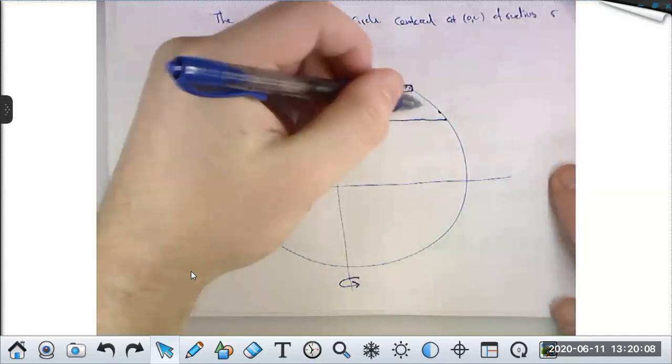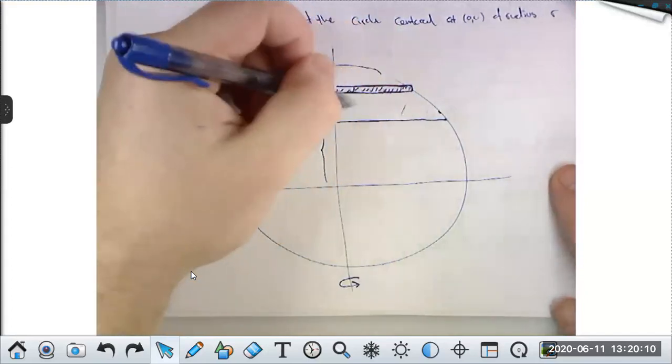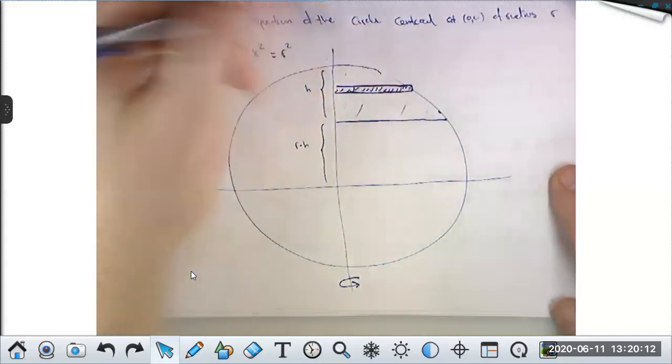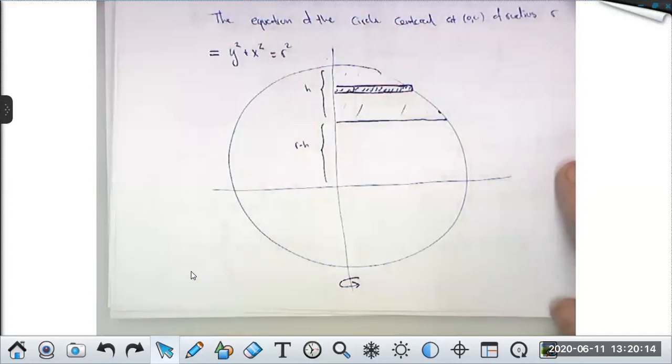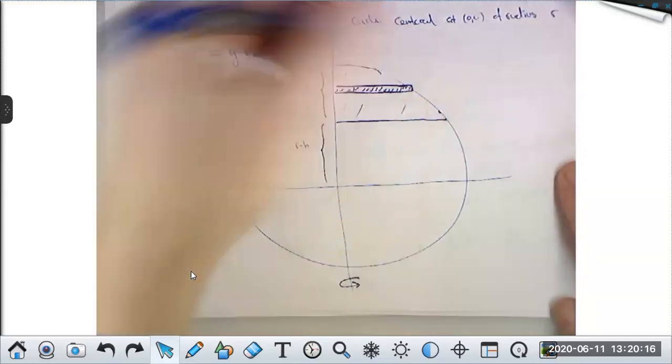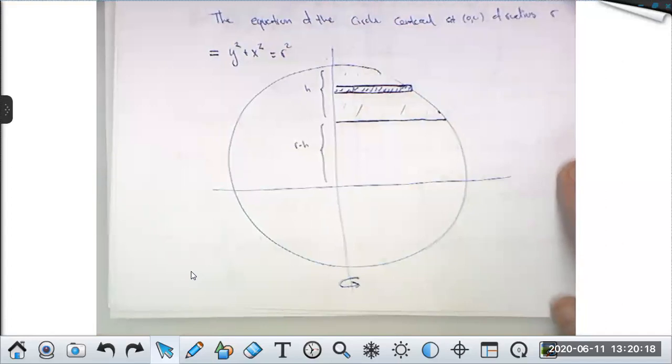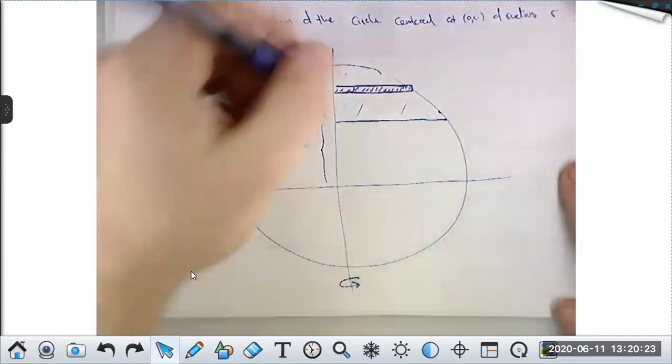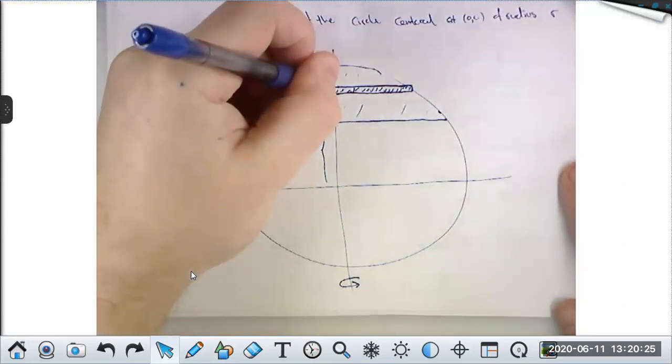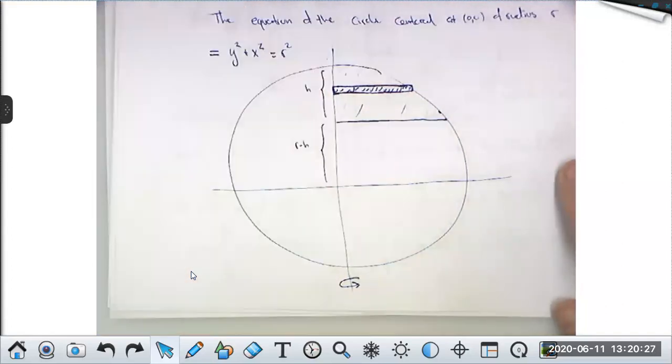Here's my region. Here, no little r, it's all the way to the axis of rotation. Little r in my formula for dV is 0.